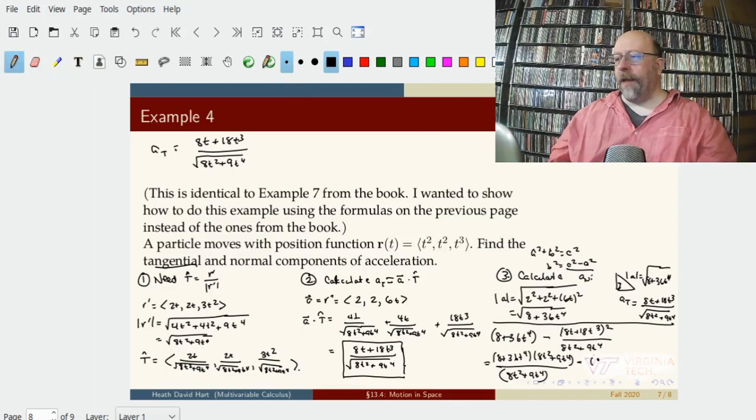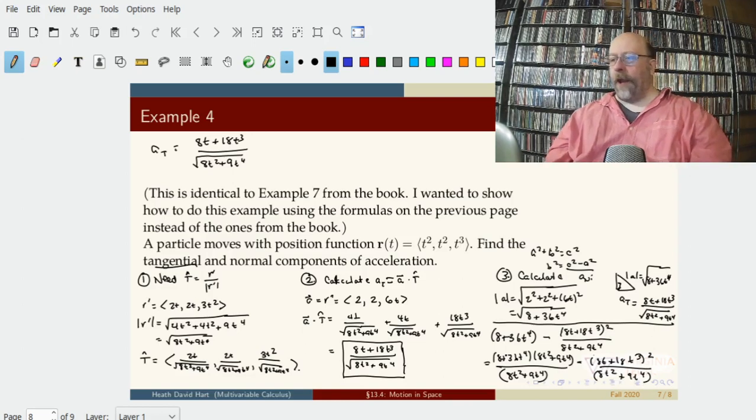Minus 8t plus 18t cubed squared over 8t squared plus 9t to the fourth. All right, so I need some space to work this out. So I'm going to go back up here and do some work here.